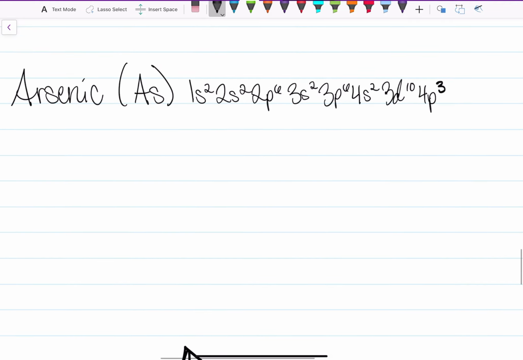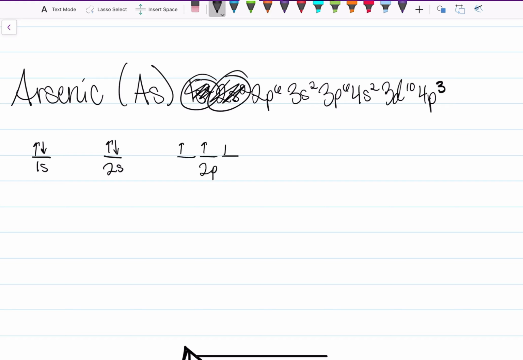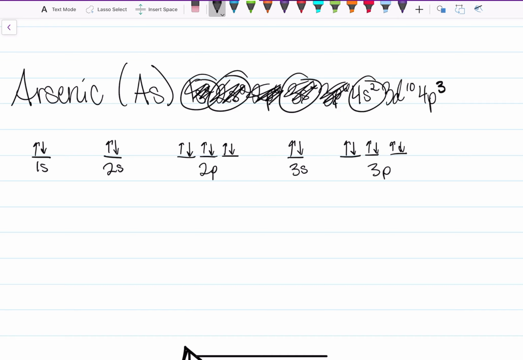Next we have arsenic, a little bit larger, pretty significantly. So let's go through this. So you've got 1s2. Then you've got 2s2. Then you have 2p6. 1, 2, 3, 4, 5, 6. Next is 3s2. 3p6. Next, we've got 4s2.